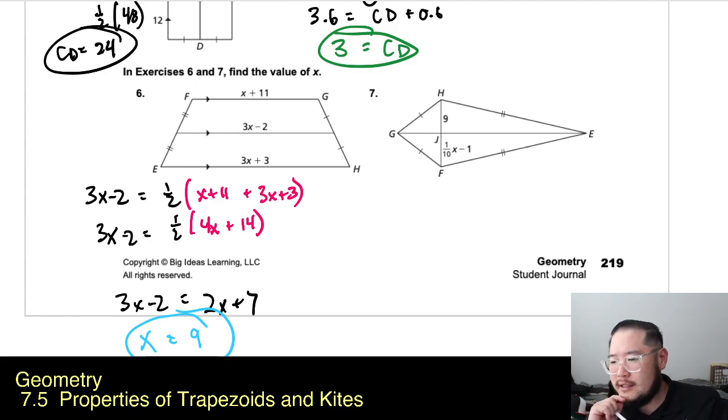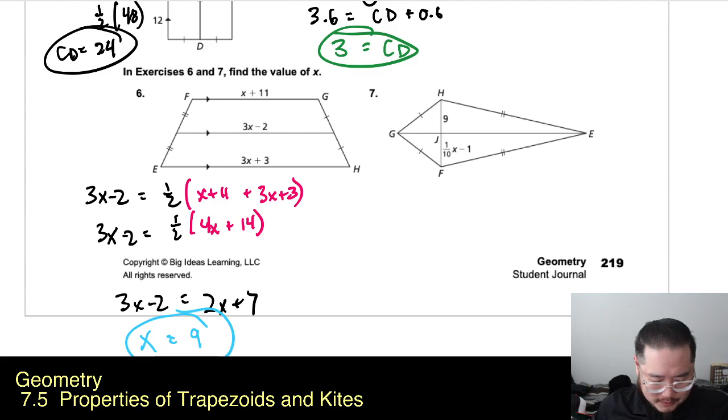Lastly, let's take a look at number 7. So, in number 7 right here, there should be something we know about the diagonals to maybe help us out. Now, there might not be something that we learned specifically in this chapter that'll help us get our solution, but think about what we know about our diagonals right here.